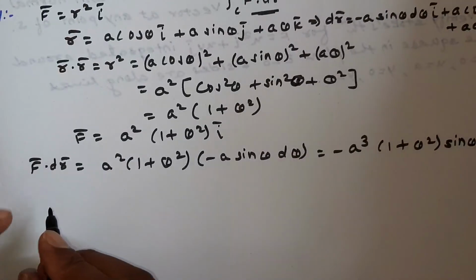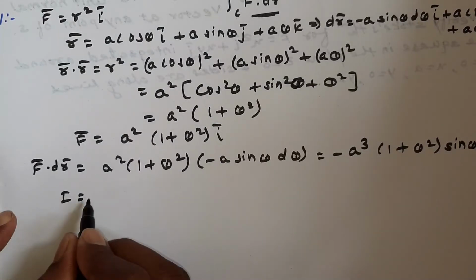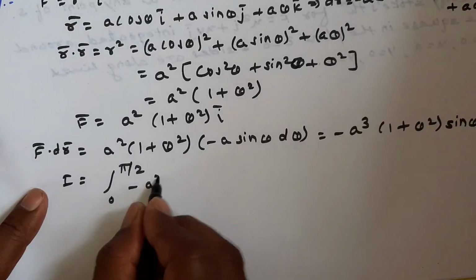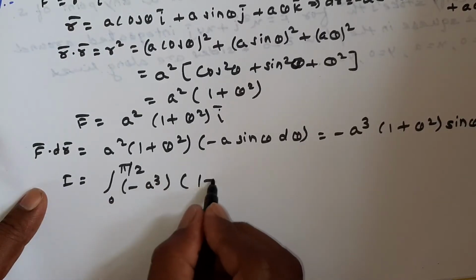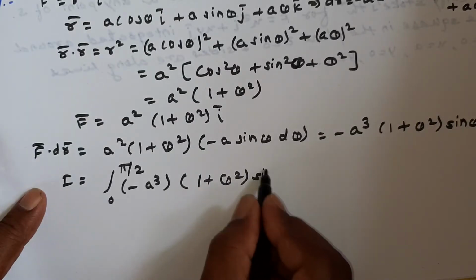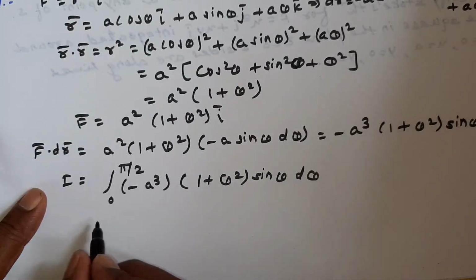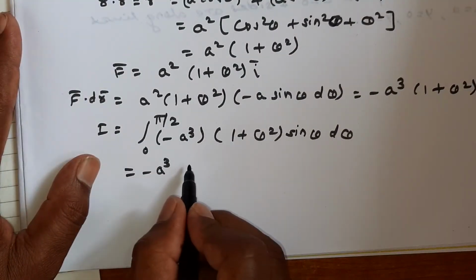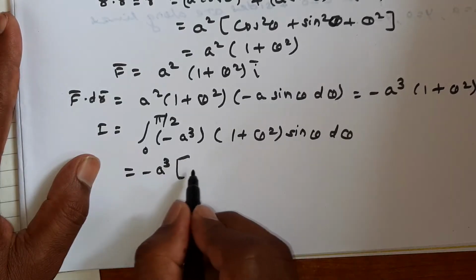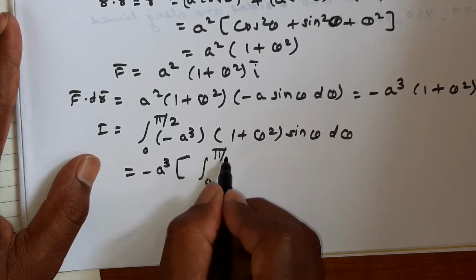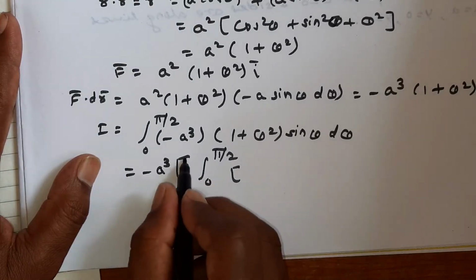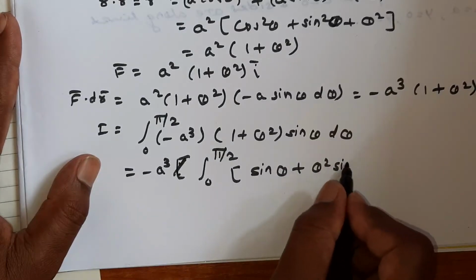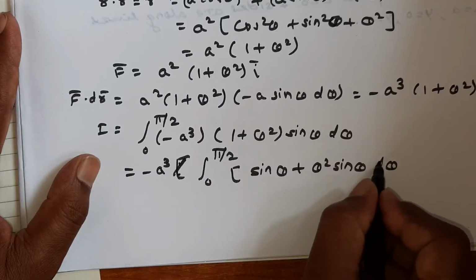So take the integration. Here I is equal to integral 0 to pi by 2 of minus a cube, 1 plus theta square, sin theta d theta, which is equal to minus a cube outside, integral 0 to pi by 2 of sin theta plus theta square sin theta d theta.